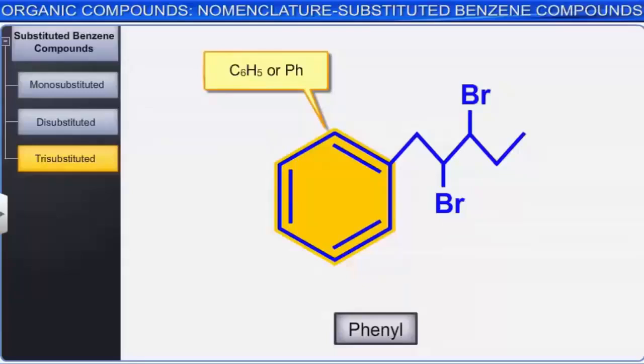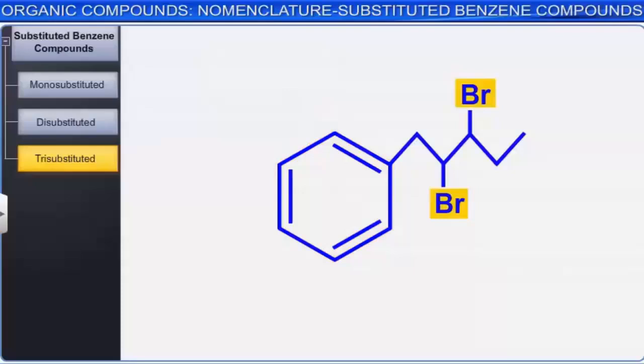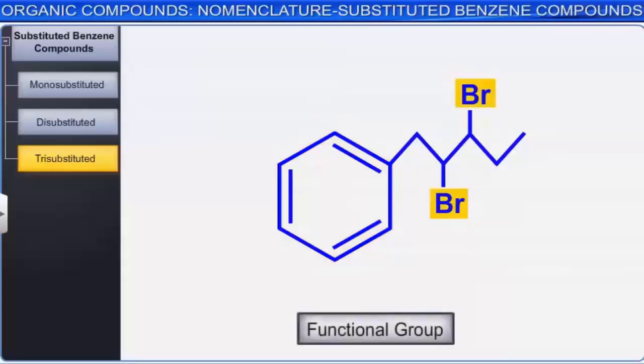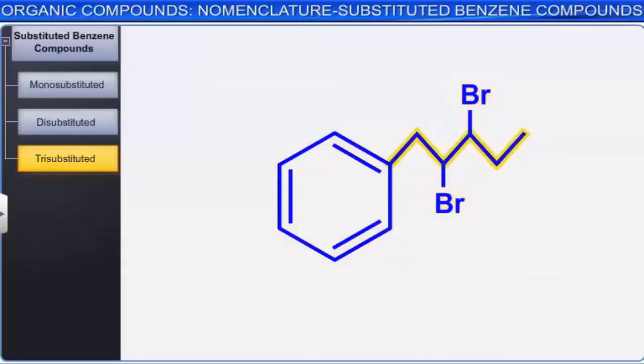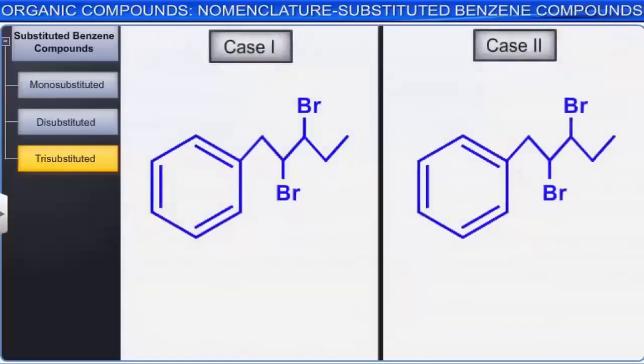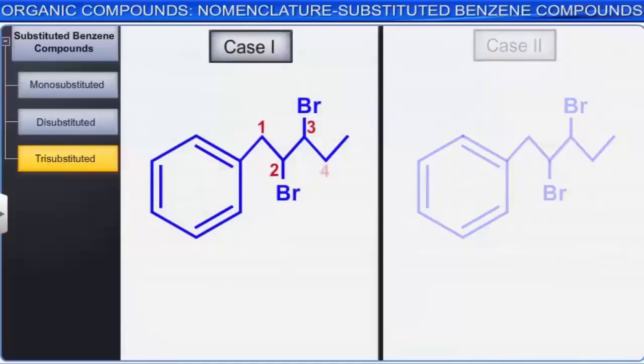The 2 bromine atoms act as the functional groups. The alkane is numbered as per the lowest number rule. In case 1, the carbon atoms are numbered from left to right. As a result, the substituent and the functional group are assigned the positions 1, 2, and 3.